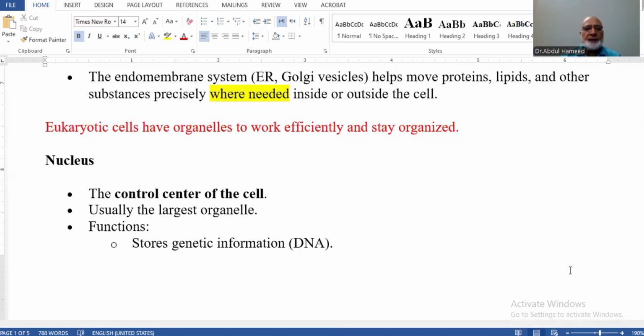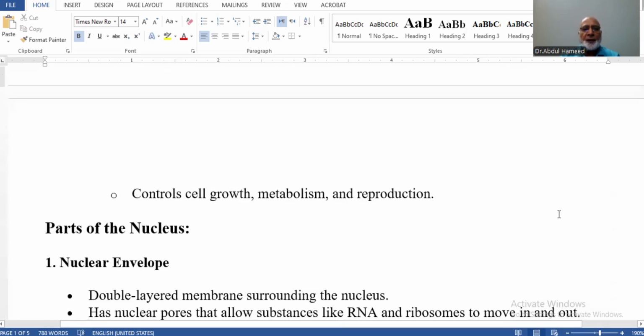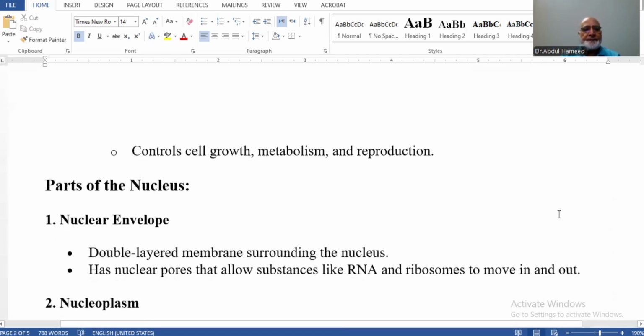And secondly, structure-wise, it is the largest organelle. There are some functions assigned to the nucleus.